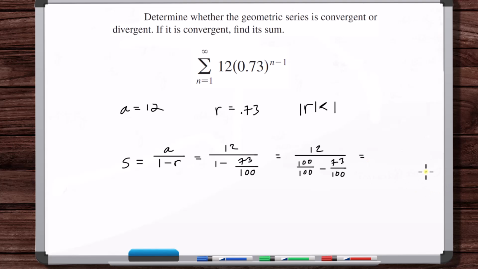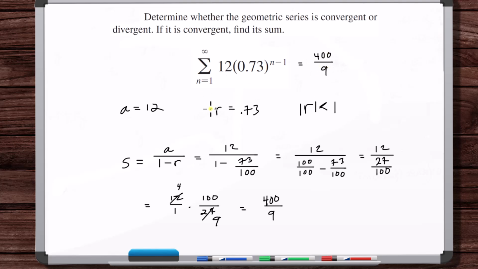All right, 12 divided by 3 is 4, 27 divided by 3 is 9. So, yeah, there we go. Let's give the exact answer. So this is equal to 400 over 9, right? It's pretty cool. This infinite sum here is equal to 400 over 9.